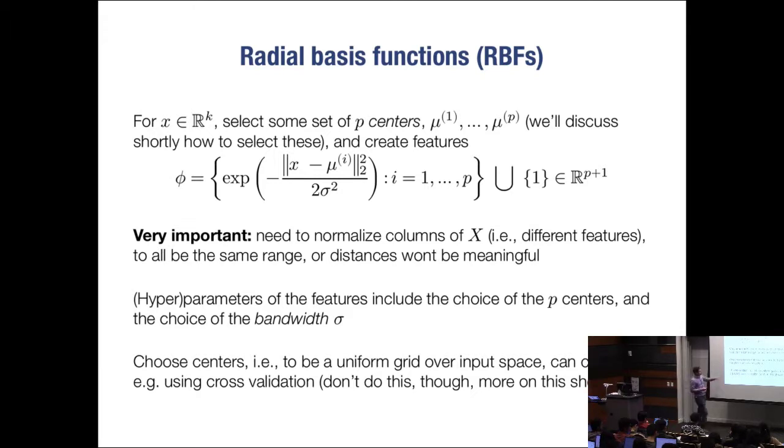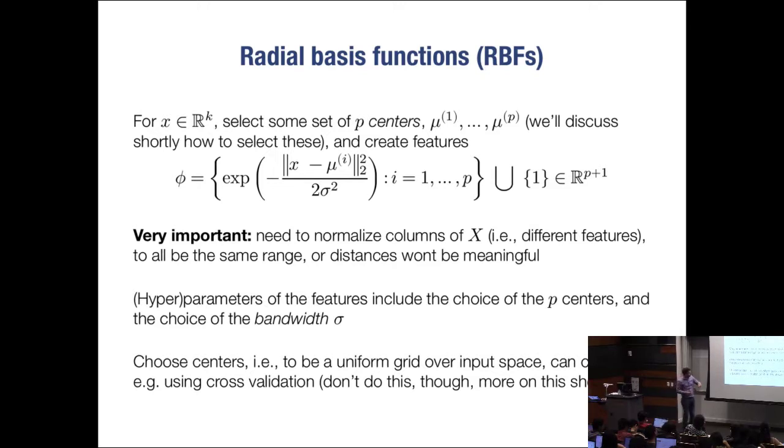The second thing is that there are some free choices. There are lots of hyperparameters you can choose in these kernels. So for example, the size, the number and location of the centers are actually a free parameter you have. You can choose whatever you want for the centers and for the number of centers you have.